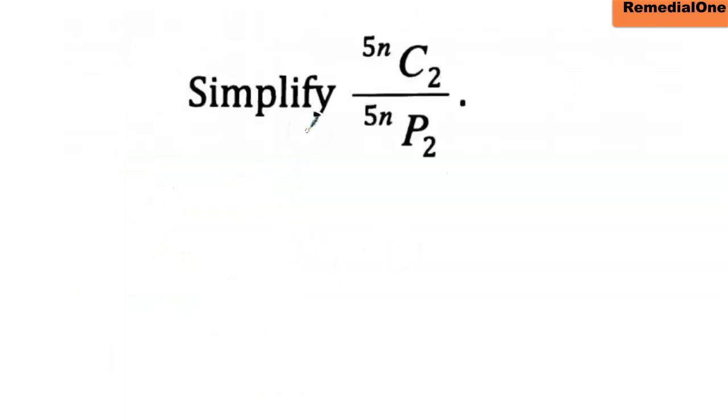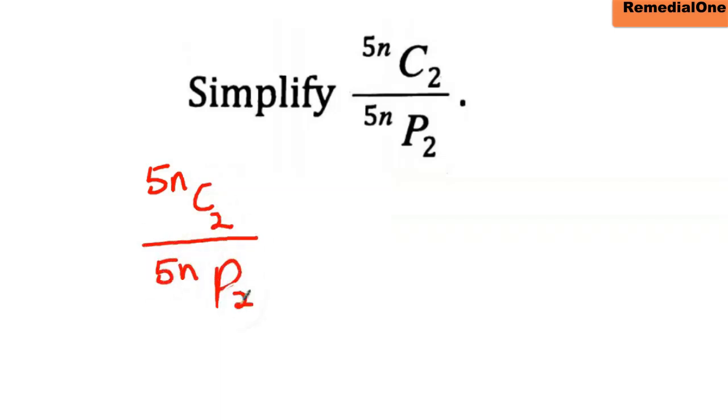Let's look at the next one. We have to simplify 5nC2 over 5nP2. So all that you are looking at is, this must be equal to that, and this must be equal to this. So 5nC2 over 5nP2 is the same as 1 over 2 factorial.